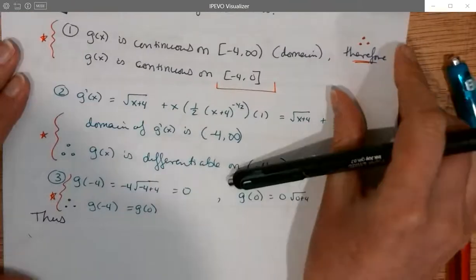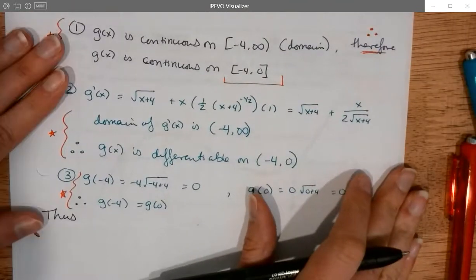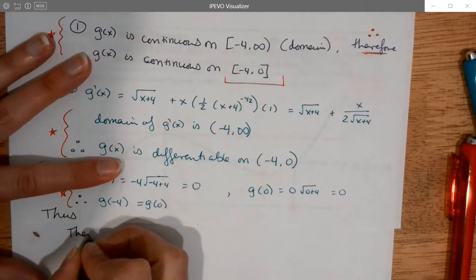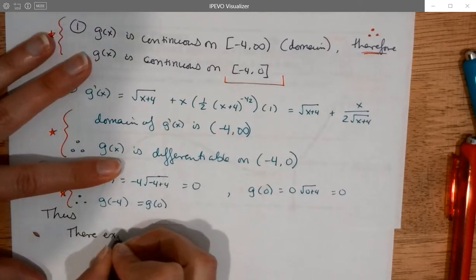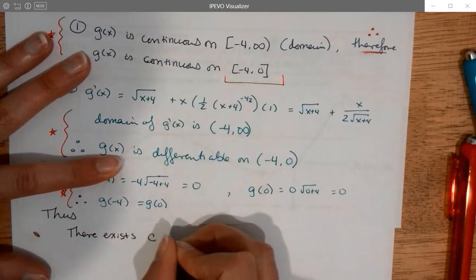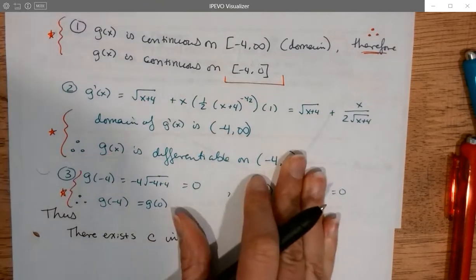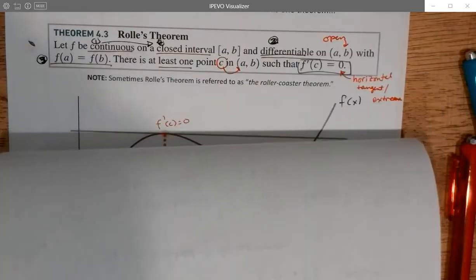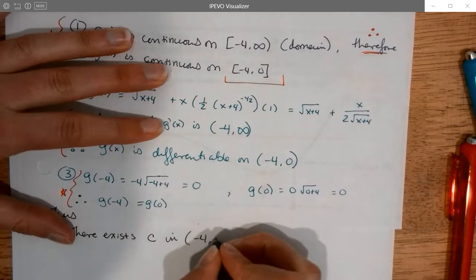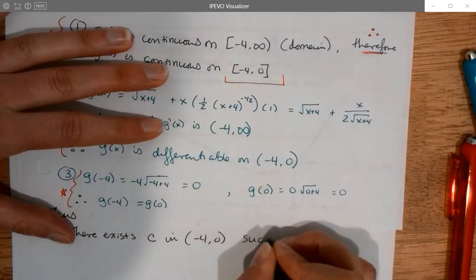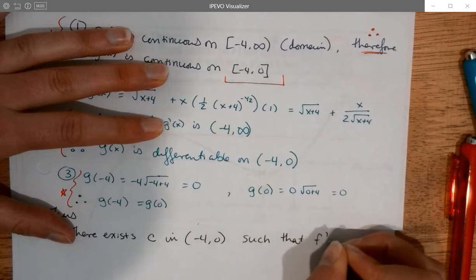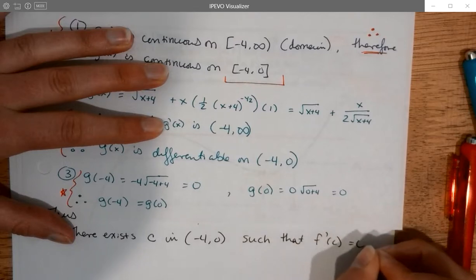I'm going to use some extra paper here. So thus, there exists a c in the open interval a to b, so in the open interval negative 4 to 0, such that f prime of c is equal to 0.